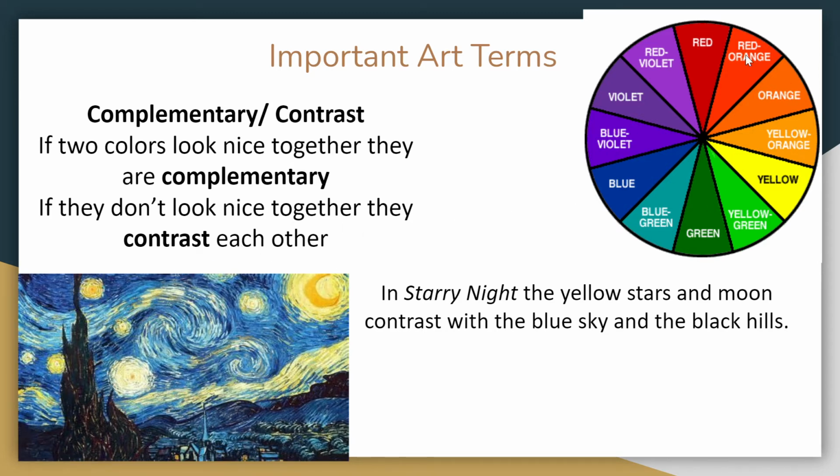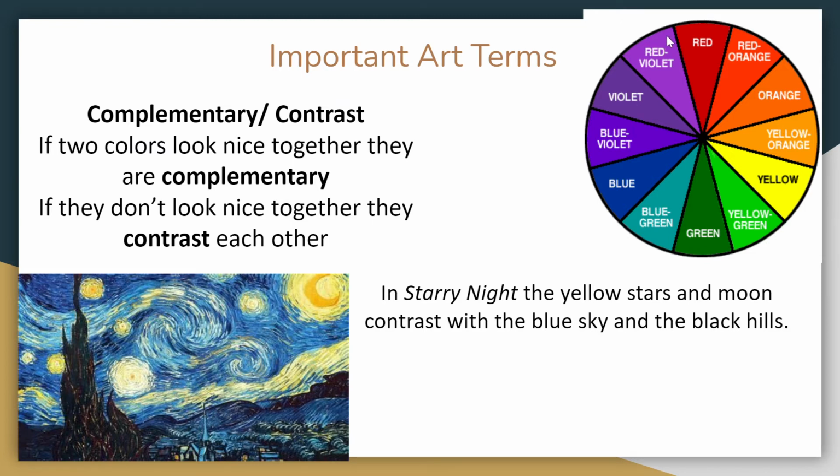If you come over here, this is a color wheel. So these colors like blue and violet, these are complementary. They are close to each other on the color wheel. They look very similar. Blue is very similar to violet, so they are complementary.